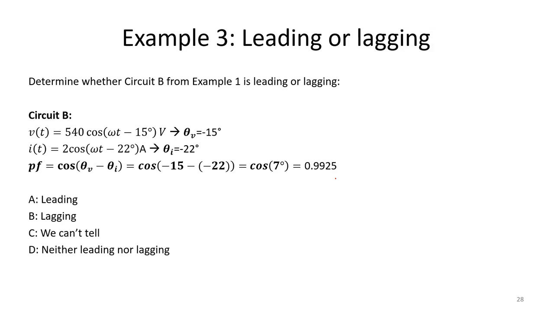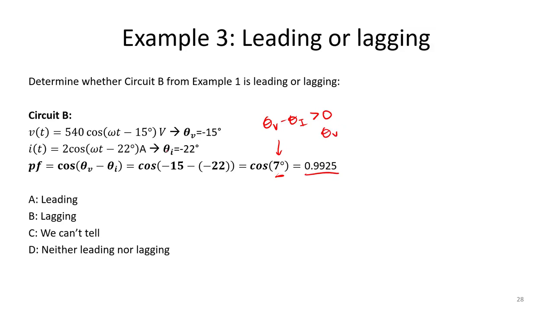Let's try again with example 3. Now we're looking at circuit B. You'll remember for circuit B, we calculated that our power factor was 0.9925. So once again, let's take a look at our theta V and theta I and see what we get. Well, in this case, we see that theta V minus theta I is greater than 0.